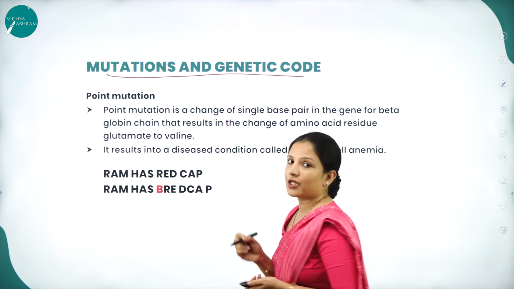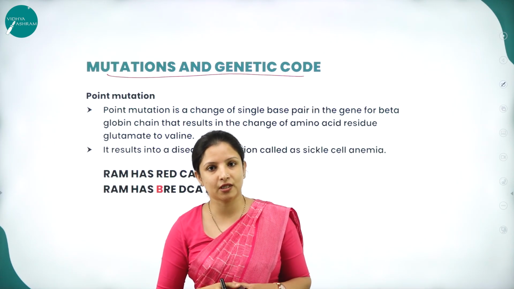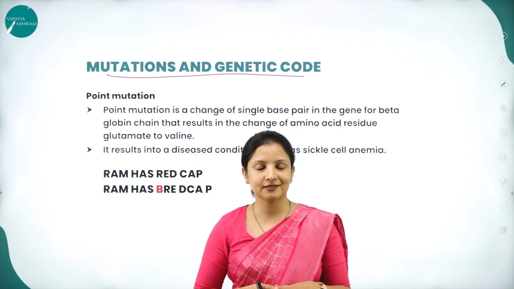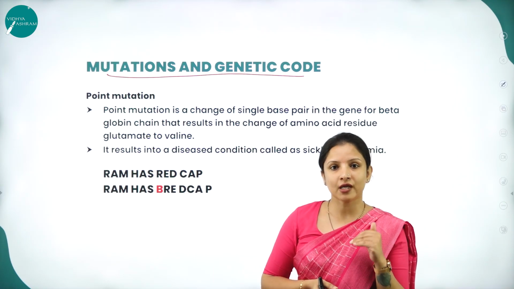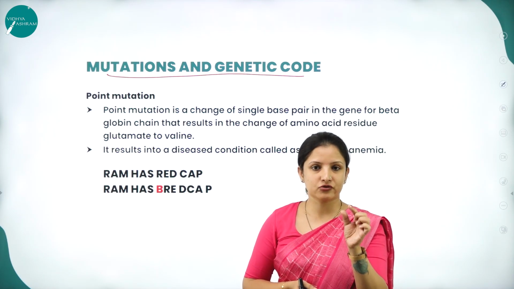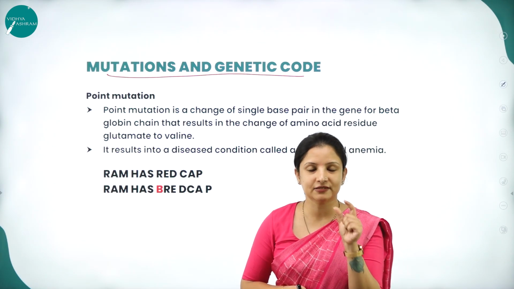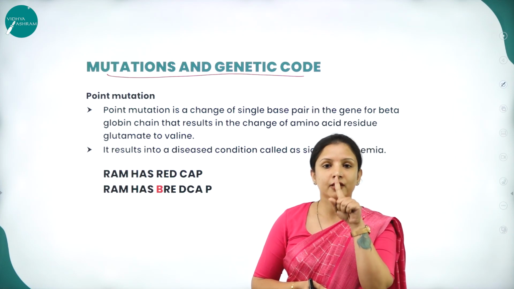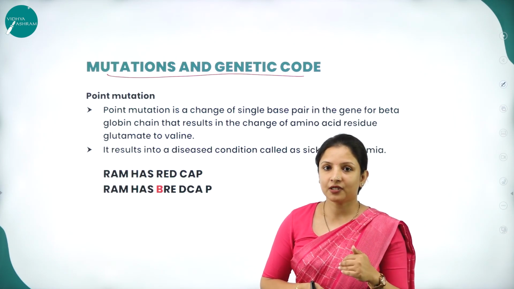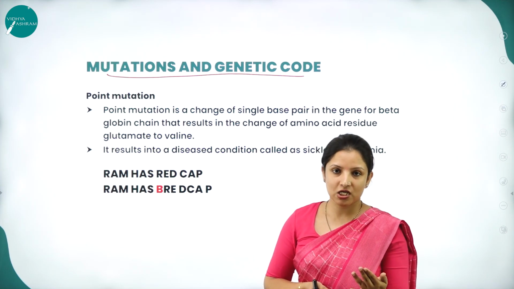So we all know that the transcription process will happen wherein whatever nitrogenous bases are present on the DNA strand get transcribed onto the mRNA strand, and in the mRNA strand, these nitrogenous bases form triplets, that is 3 nitrogenous bases code for one particular amino acid. All that we know. But sometimes there are some mutations.